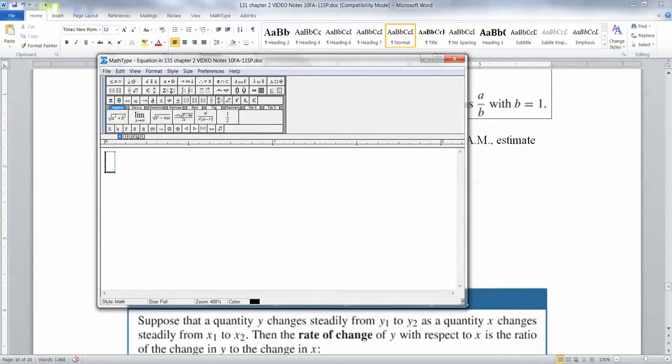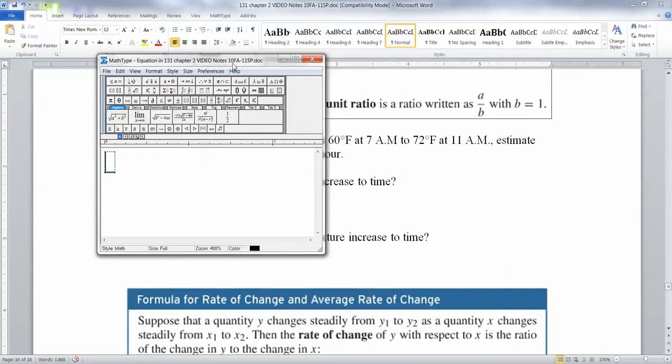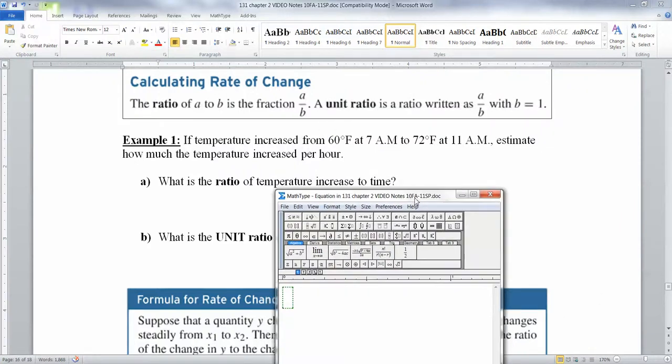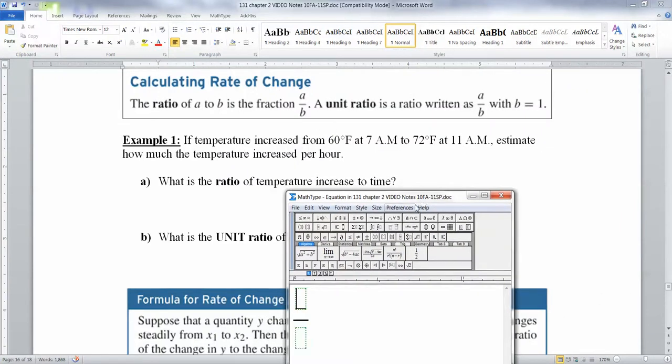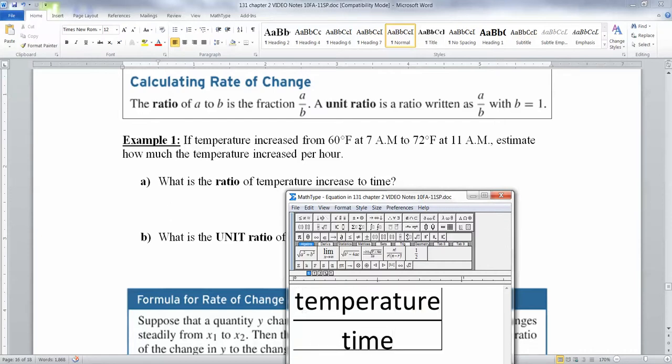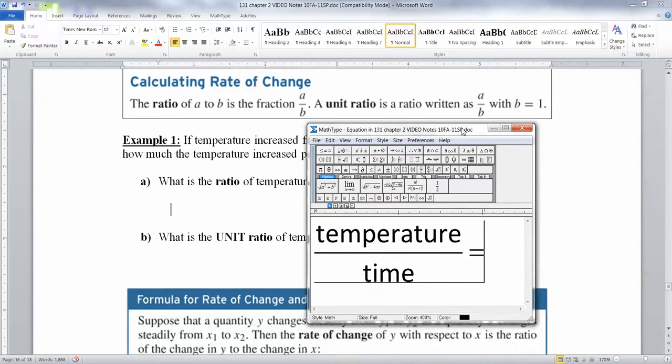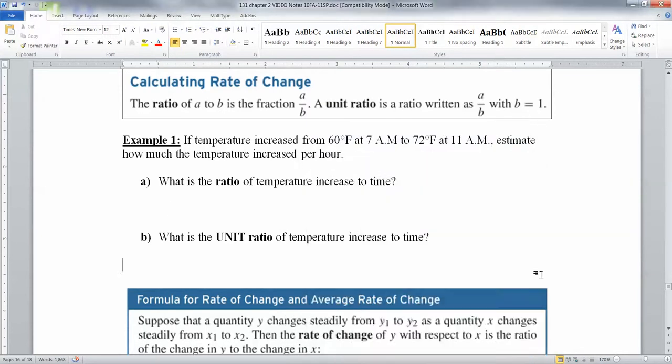So we want to know the change in y over the change in x, or in other words, temperature to time, because it says temperature increase over time. All right, so let me write that up. So temperature over time is equal to, and this is where the fun begins, we're going to make a ratio out of it. So we need to think a little bit about how much it increased.